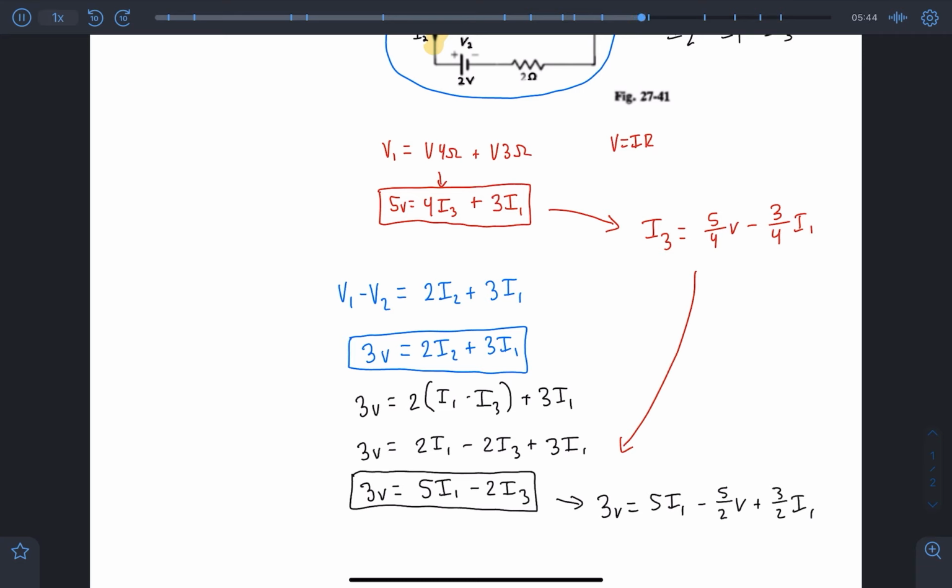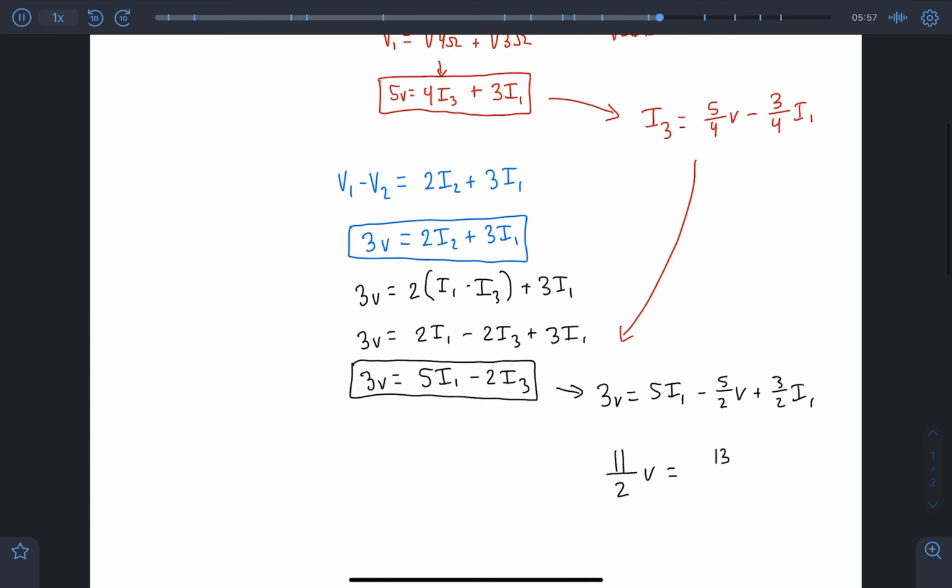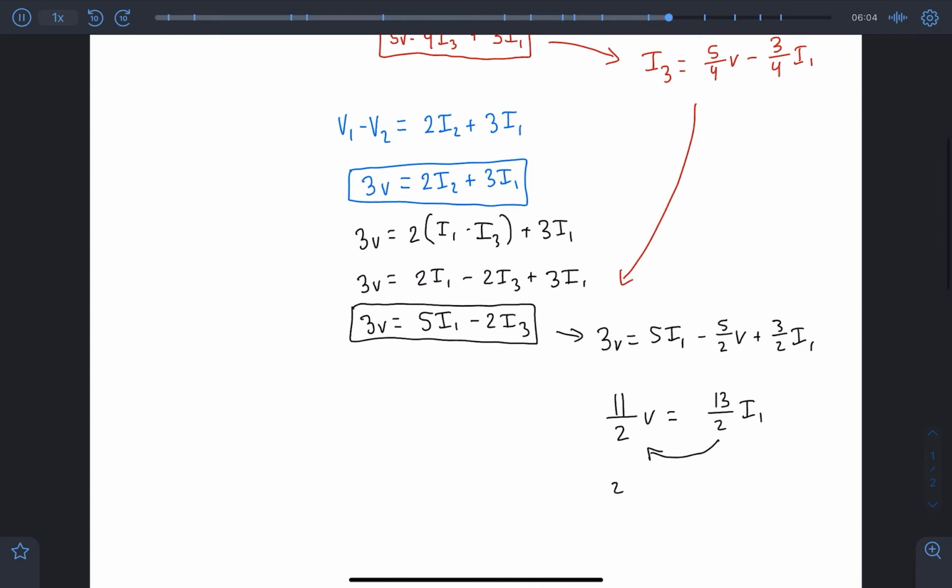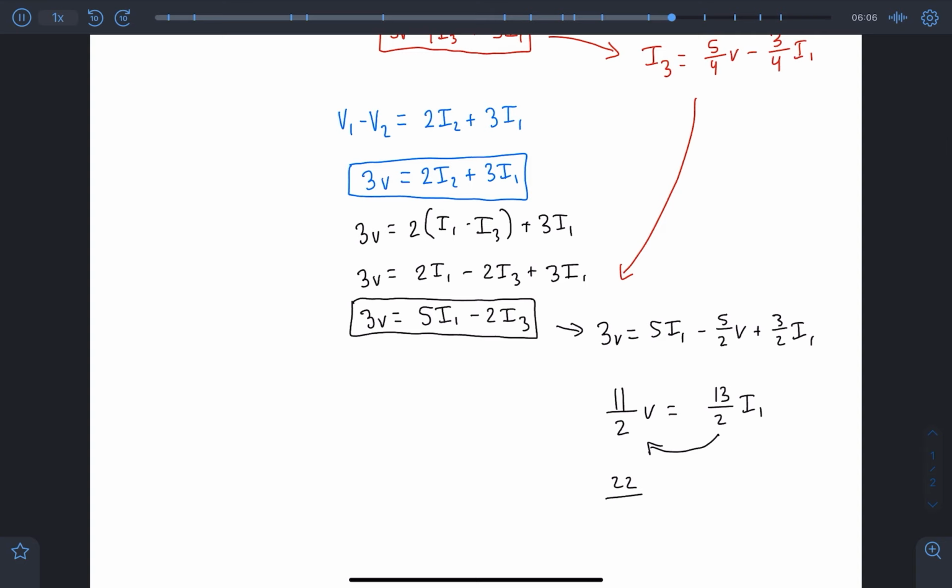You can see I distributed out that negative sign to turn the negative in the first equation into a positive. Rearranging a bit further, we can get 11/2 volts is equal to 13/2 I1. We can bring this to the other side and get 22/26 amps is equal to I1.